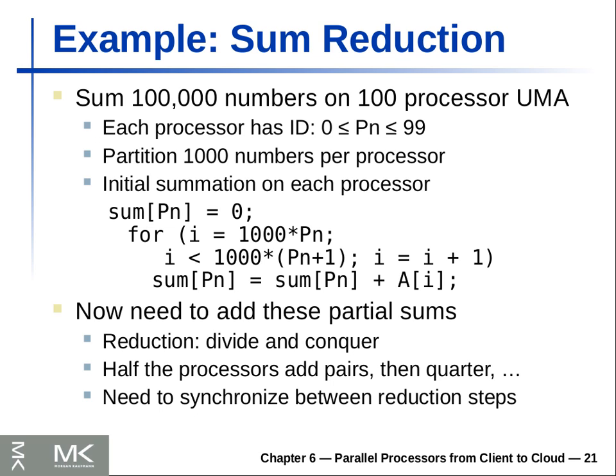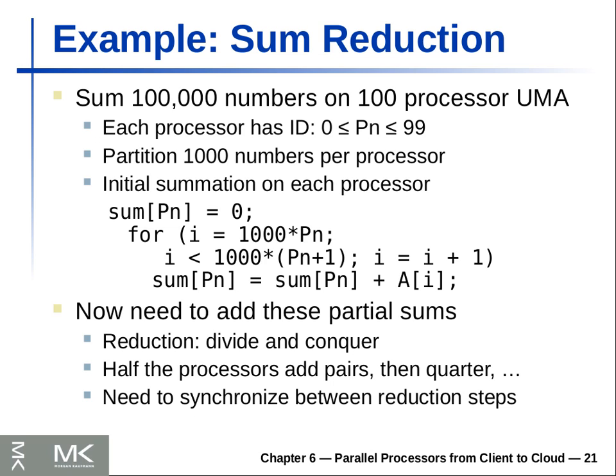So you have 100,000 numbers and 100 processors, so you need to partition 1,000 numbers per processor. Why is that? Because it's split 100 ways: 100,000 divided by 100. The initial sum on each processor starts at 0.